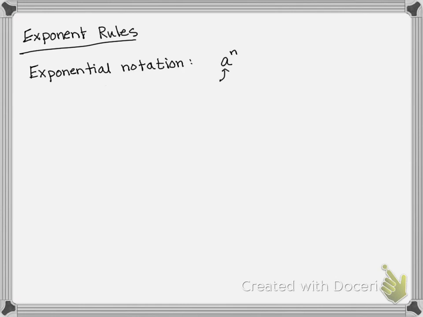This is called the base, and it is what the factors are. Remember that factors are things that are multiplied. And then this is called the exponent. It is how many factors there are.